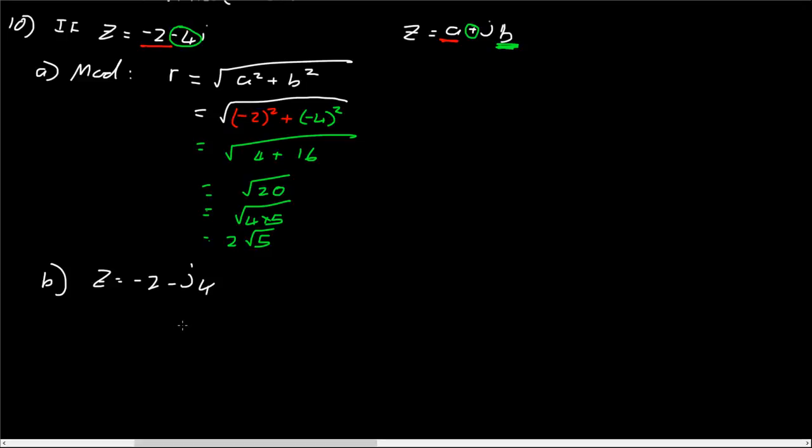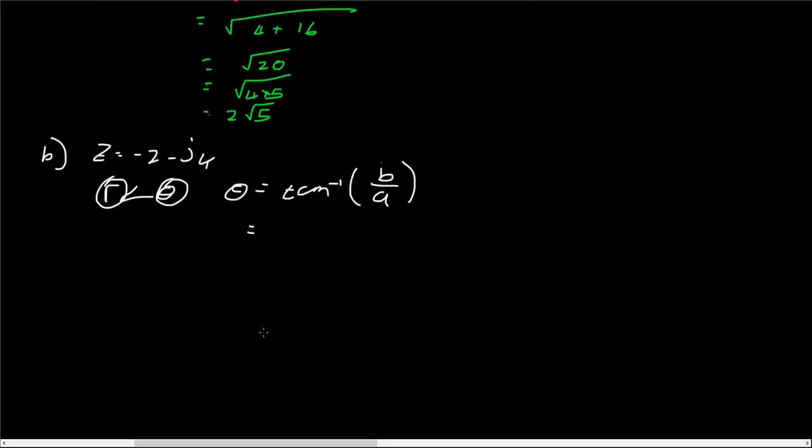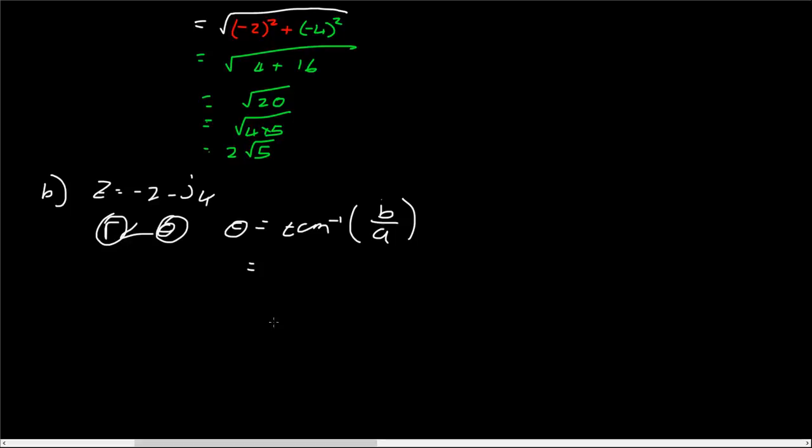Okay, and the next thing they want is the argument. Now you'll remember, in polar form, we've got r, angle, theta. So here's the modulus, and here is the argument. So theta is equal to tan inverse, or arctan, of b over a. Now, b here is minus 4.